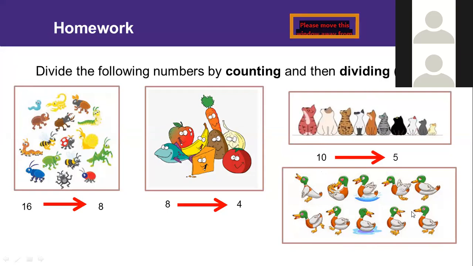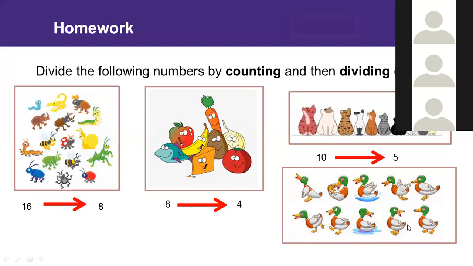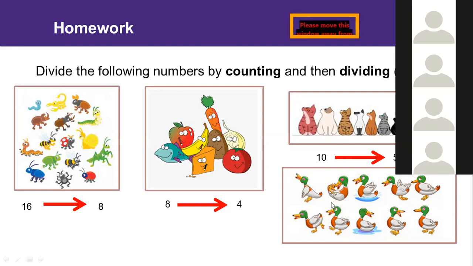Okay, so let's see the next one there. How many ducks do we have there? 1, 2, 3, 4, 5, 6, 7, 8, 9, 10. Okay, we've got 10 ducks. If we divide 10 by 2, what do we get? 5.